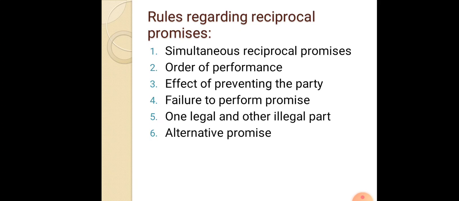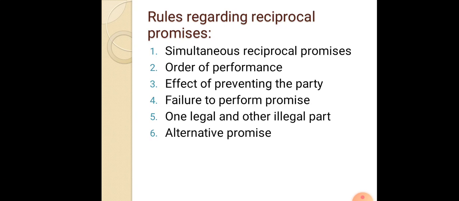Next, we'll see order of performance. For example, X and Y agree that X shall build a house for Y at rupees 1 lakh. Here, X's promise to build the house must be performed before Y's promise to pay for it is performed.